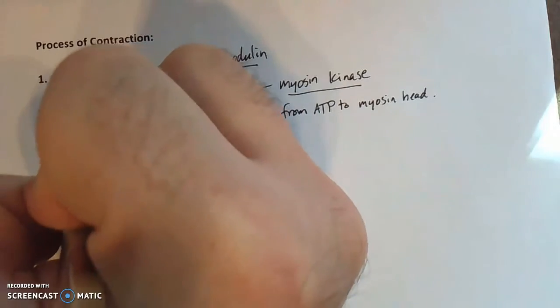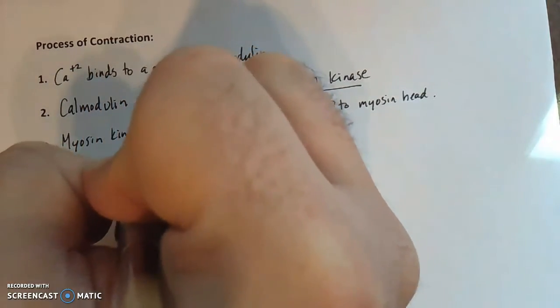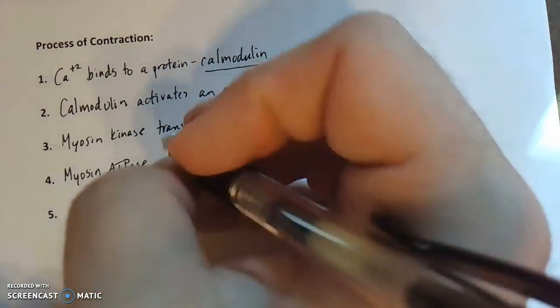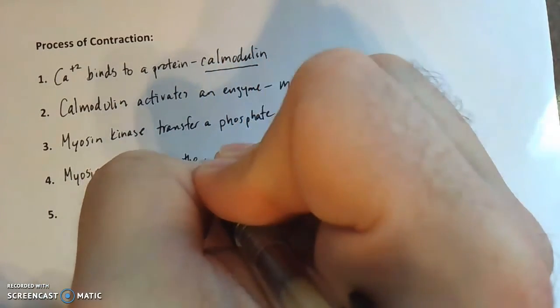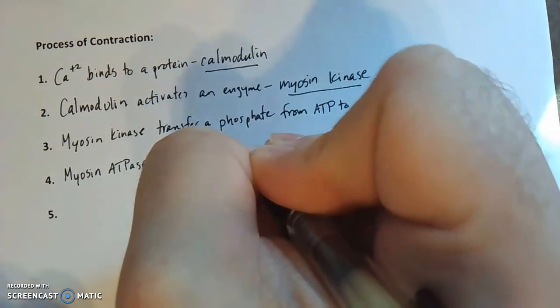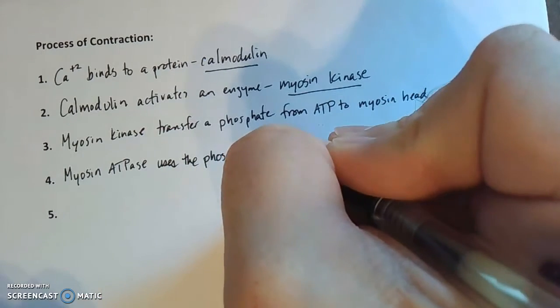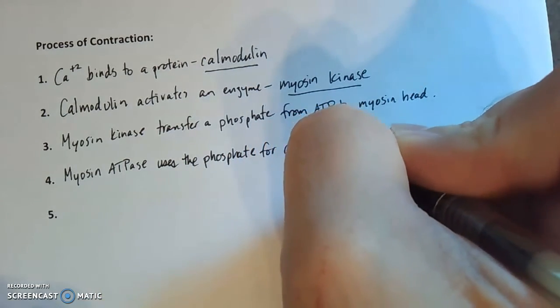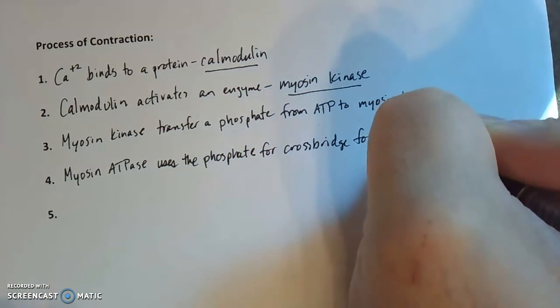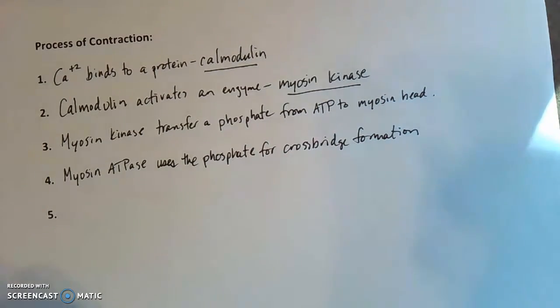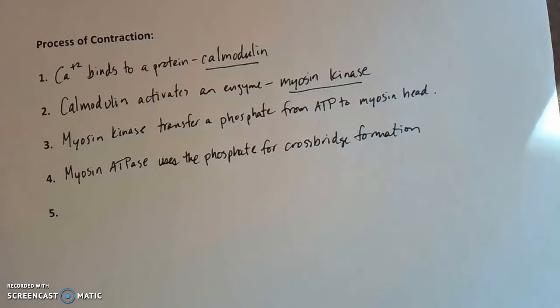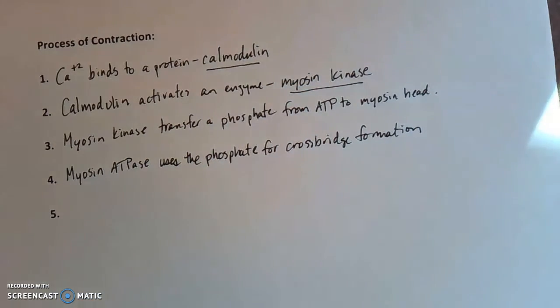And then myosin ATPase, which we saw in the cross-bridge cycle, uses the phosphate for cross-bridge formation. So we end up with the whole cross-bridge cycle again. It's very similar with actin and myosin, but the process of getting it to contract is a little bit different.